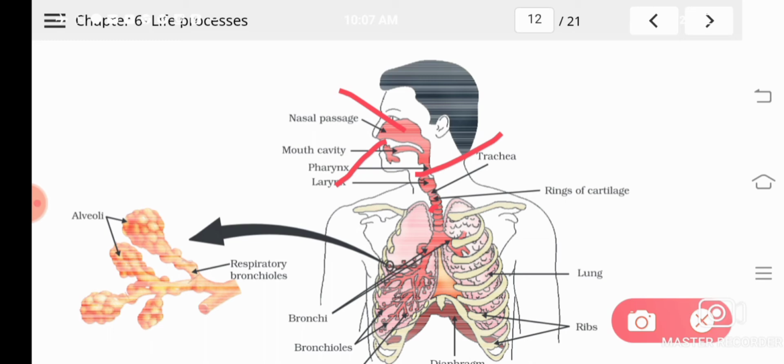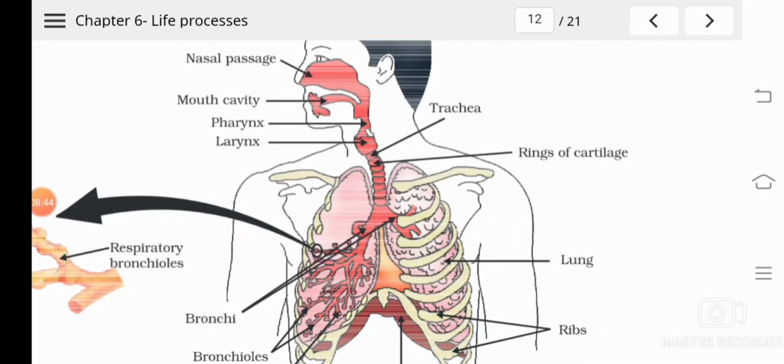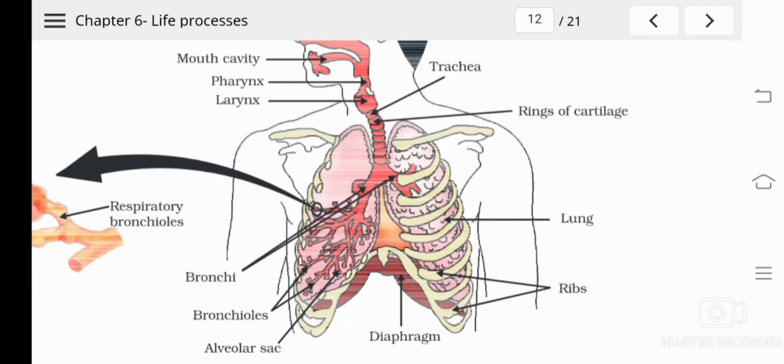Then the larynx, then the trachea. Then the trachea divides into two, and they are known as bronchi. Each bronchus enters into a lung.